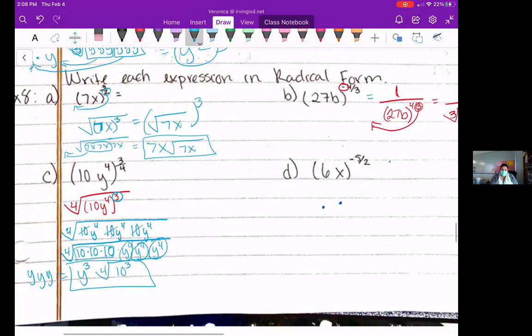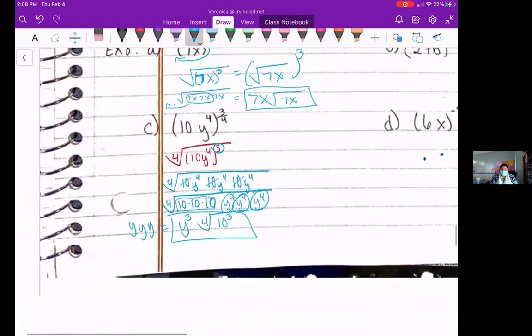Wait, you can't see what? Oh. Did it make it bigger?